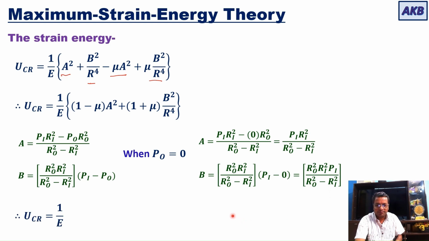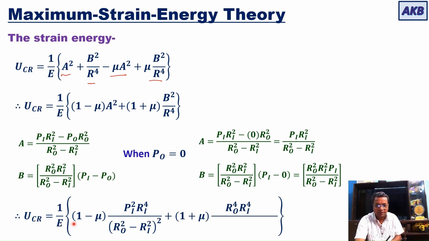And if you use these equations, you get UCR is equal to 1 upon E into (1 minus mu) into Pi square ri raised to 4 into the square of (ro square minus ri square). So if you are using the equation for A, here it is A square, so I have to square this term. That's why you have this term.